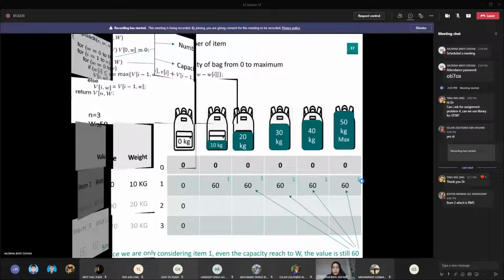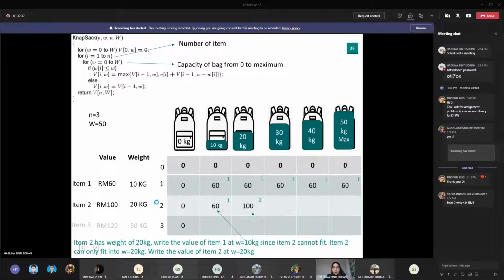Okay, let's take a look at when we are able to consider 2 items. When we can consider 2 items at 10 kg of capacity, we cannot fit item 2, because item 2 is 20 kg. Here at this point it is only 10 kg.